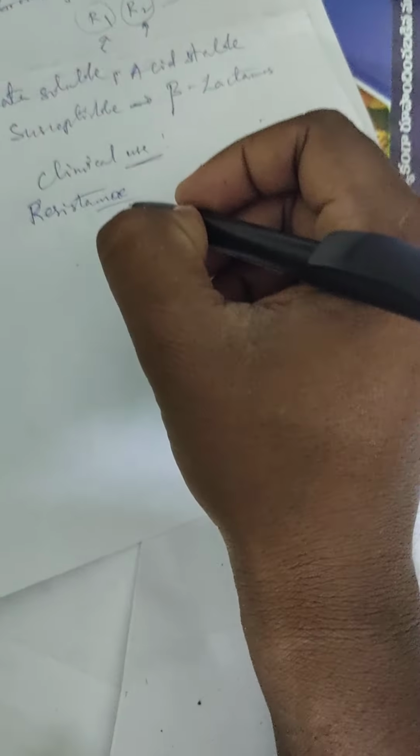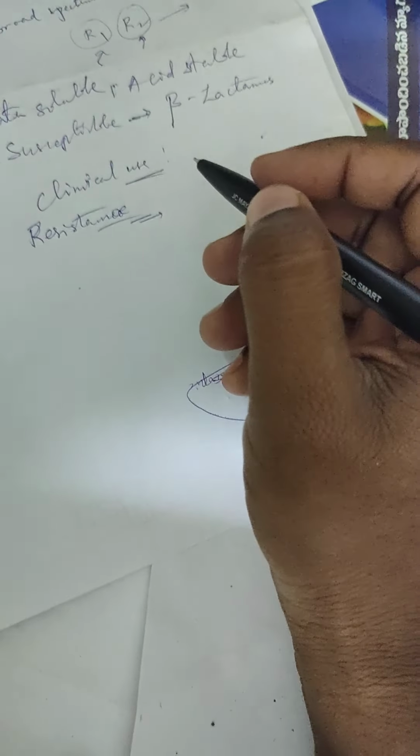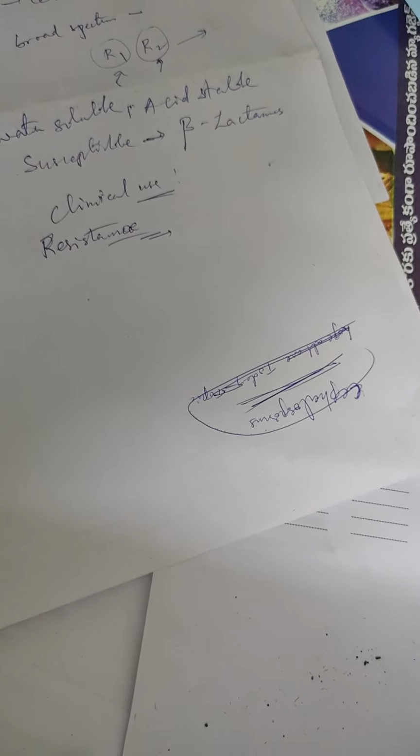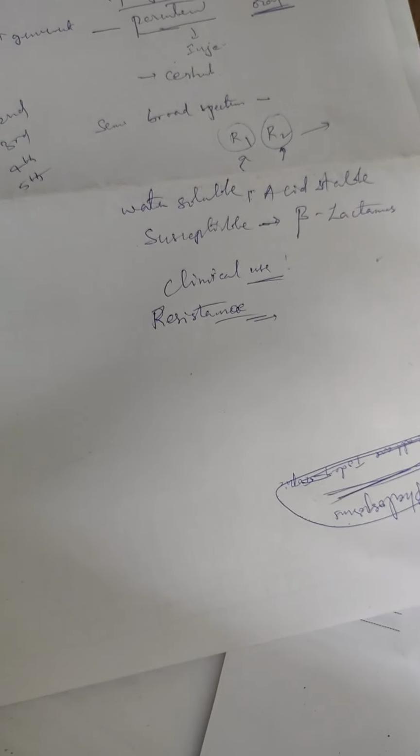But like all other antibiotics, cephalosporins also have one problem, that is resistance. Already you have discussed antibiotics like sulfonamides and penicillins; all these drugs have a resistance problem. Like this, cephalosporins also face the problem of resistance.